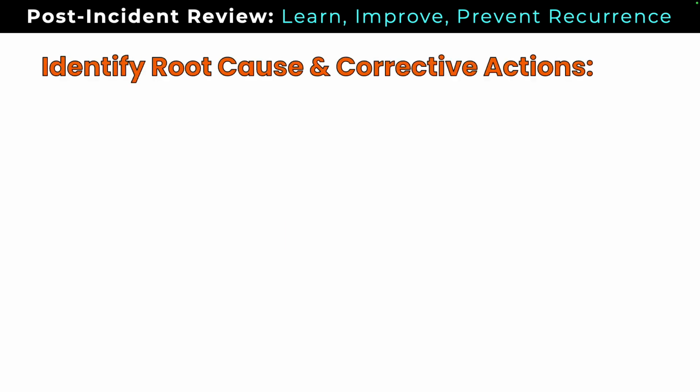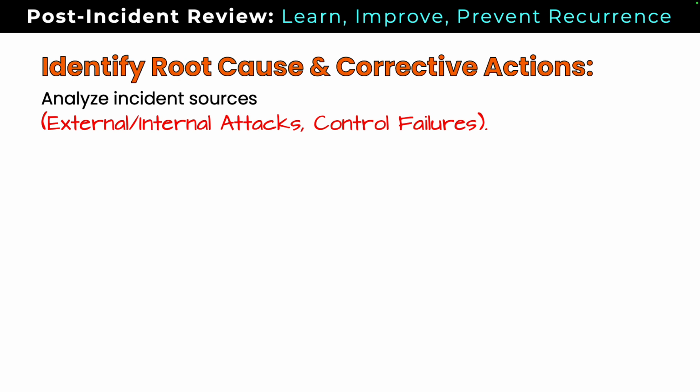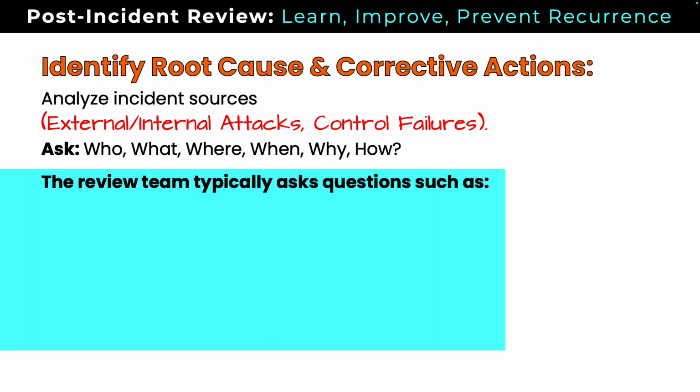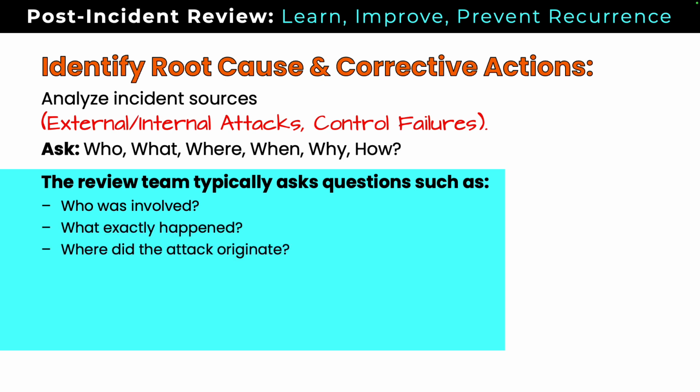So identifying root cause and corrective actions. So analyzing incident sources, external or internal attacks, control failures, asking the key questions: who, what, where, when, why, and how. So the review team typically asks questions like who was involved, what exactly happened, where did the attack originate, when did it occur, and over what time frame, really getting a picture of the end-to-end sequence of events.